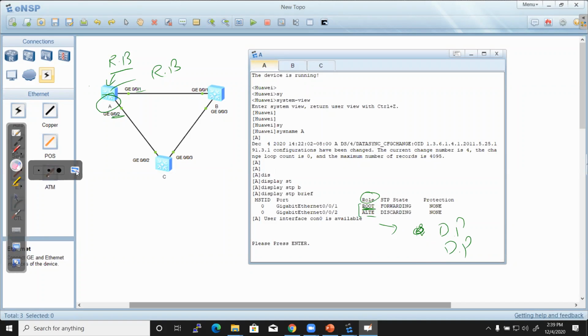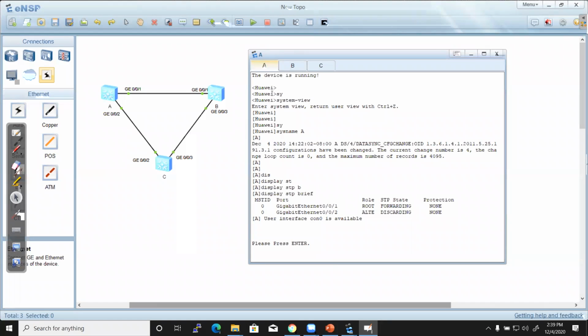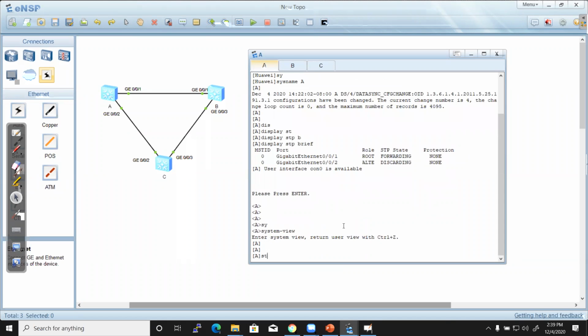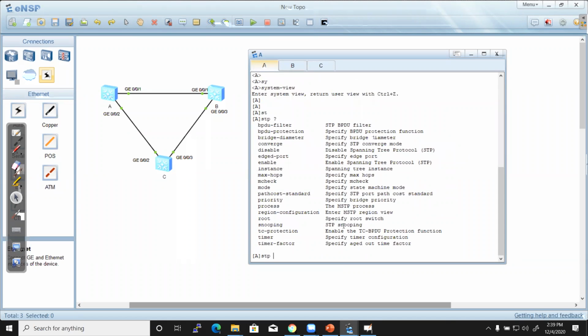So let me change the priority if I want switch A to act as the root bridge. In the system view, we'll say STP and put the question mark, and you can see there are a number of options over here. By using STP, there is the word priority, and you can see the word root. So I'm going to change the priority.